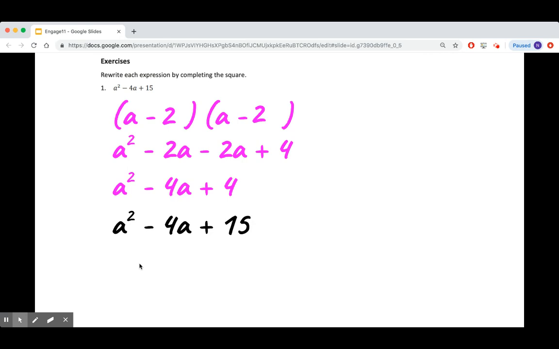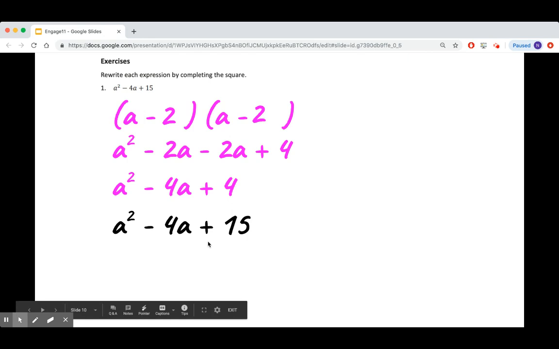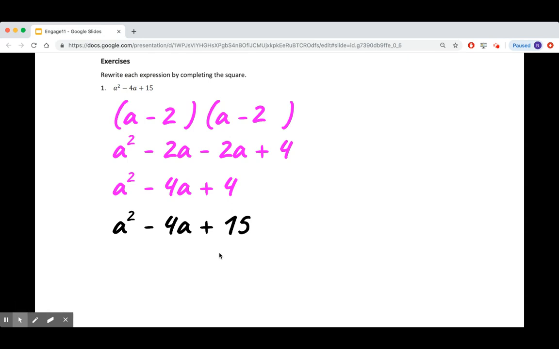Going back to my original expression where my constant term is plus 15, I can play around with that constant in order to simplify my expression and complete the square. If instead of writing plus 15, I write my expression as plus 4 plus 11, I have not changed anything about my original expression.